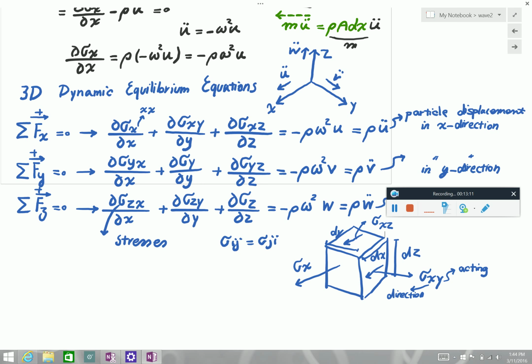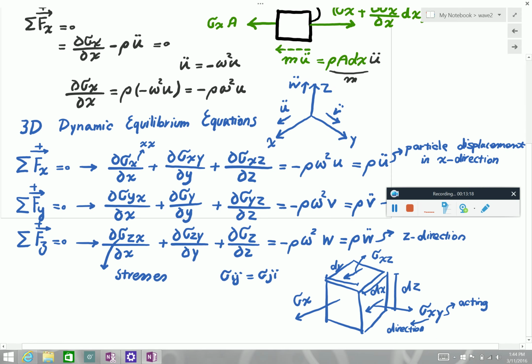So if you remember the wave equation, at the end it relates the displacement u, the derivative with respect to x, to the derivative with respect to time.